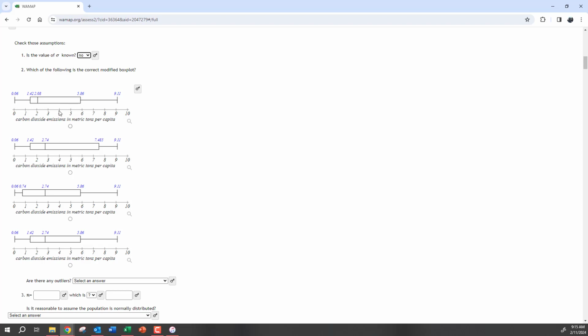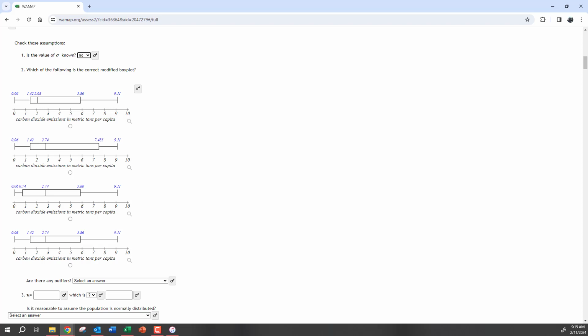So we need to make sure that whichever one of these matches our data is somewhat symmetrical, so it doesn't have any obvious outliers. So we're going to need to calculate the min, max, Q1, median, and Q3, basically the typical 5-number summary, in order to see which one of these fits our data and to see if our data is normal.